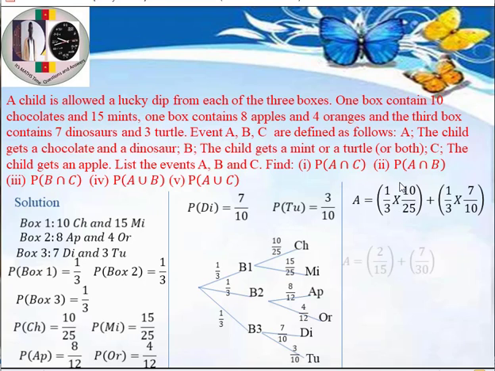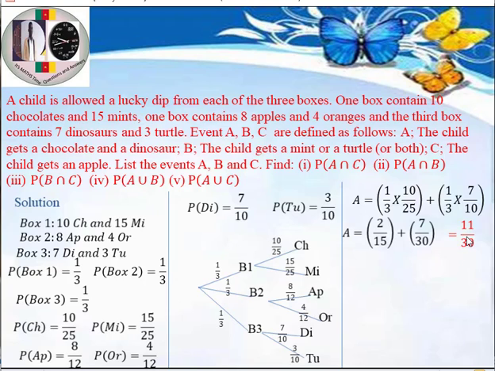So we'll have 2 on 15, and in this case we'll have 7 on 30. So if we take the LCM on both sides, we are going to have 30 into 15 is 2 times, 2 times 2 is 4, plus 1 times 7, which is 7. So 4 plus 7 is 11 on 30.